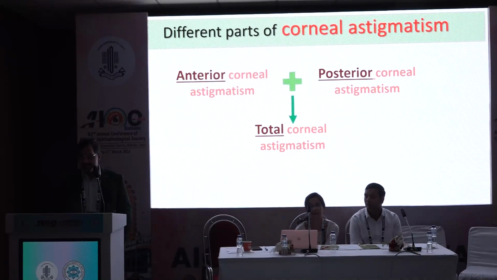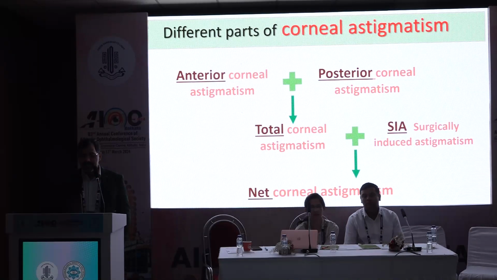Anterior corneal astigmatism: every machine which does keratometry will measure the anterior corneal astigmatism. Then there is also some posterior corneal astigmatism, and the vector summation of anterior and posterior gives the total corneal astigmatism. When we take any incision on the cornea during surgery, some surgically induced astigmatism (SIA) will be induced, and the vector summation of total with SIA gives you the net corneal astigmatism.